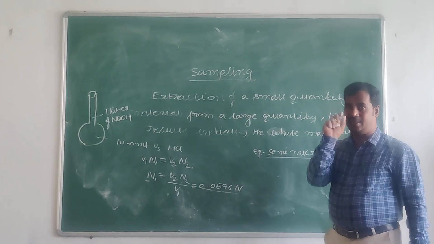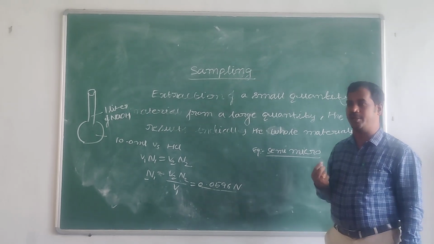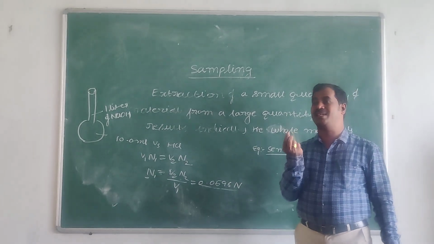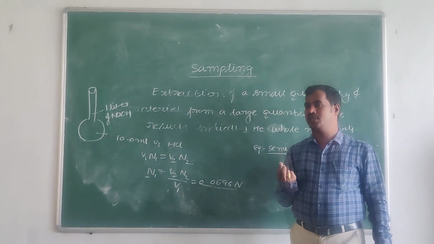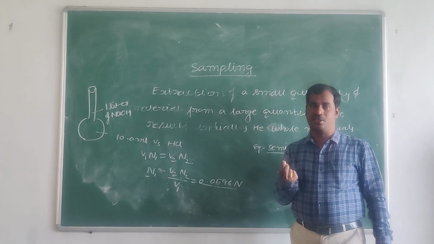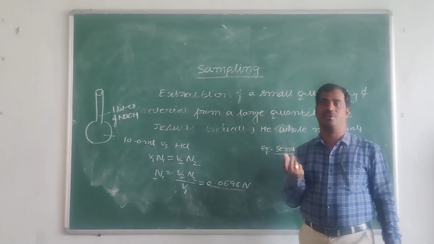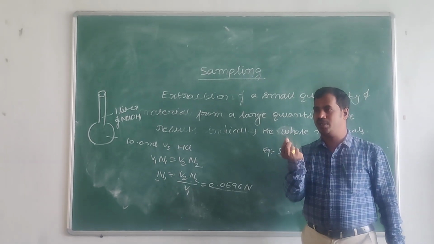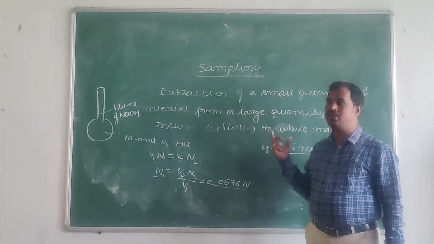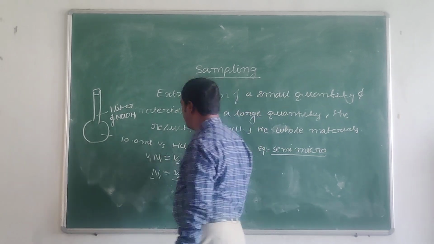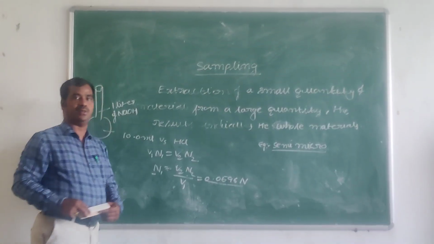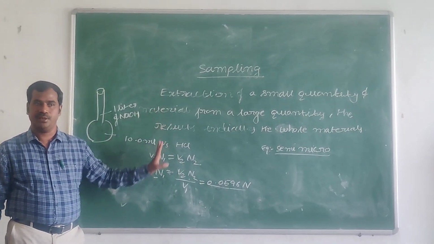And the final example: in our human body, we take a small quantity of blood sample for diagnosis. From this, the doctor decides what type of disease you have with the help of a small sample. That is sampling. So sampling plays a most important, predominant role in analytical chemistry.